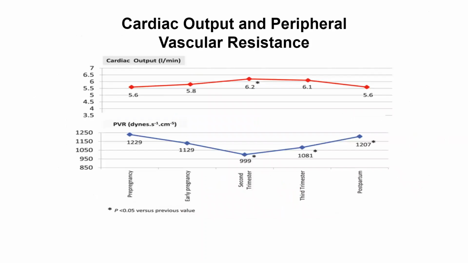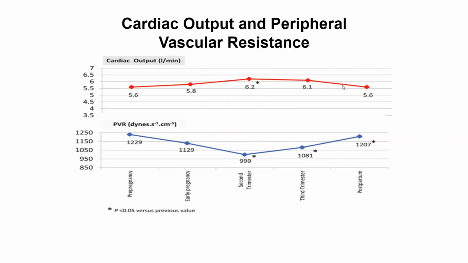This is a helpful chart about the cardiac output and peripheral vascular resistance. You can see here that cardiac output pre-pregnancy, or preconception, is at about 5.6 liters per minute, which is how much the heart is pumping out. As the pregnancy progresses, you slowly see this increase, and then it starts to decrease again by the third trimester.